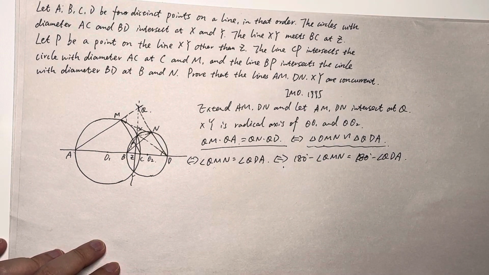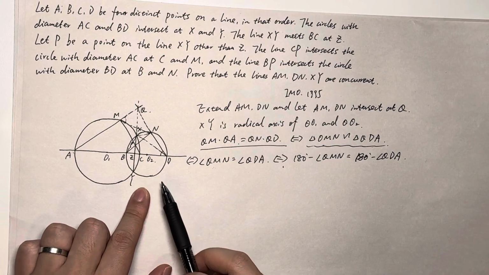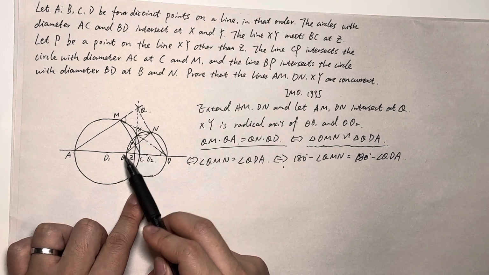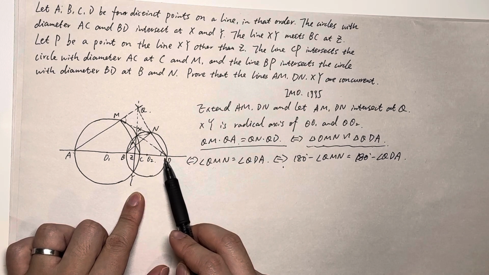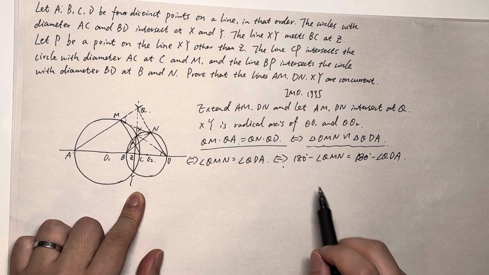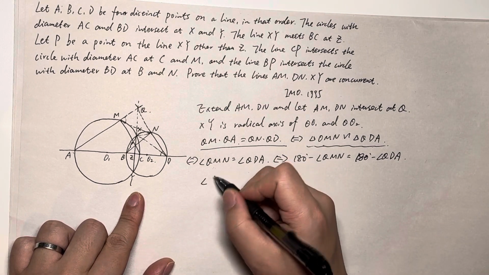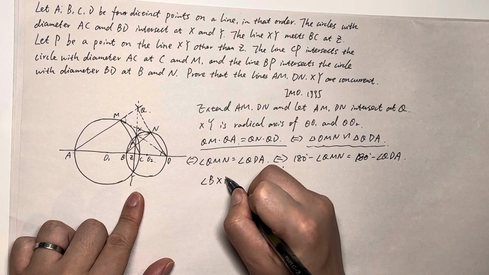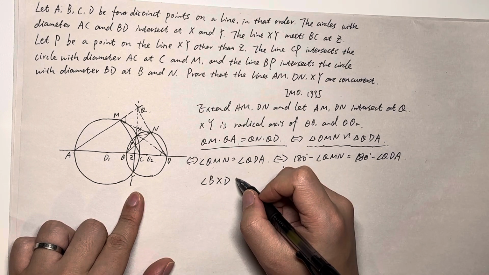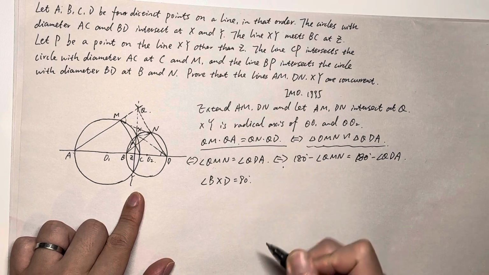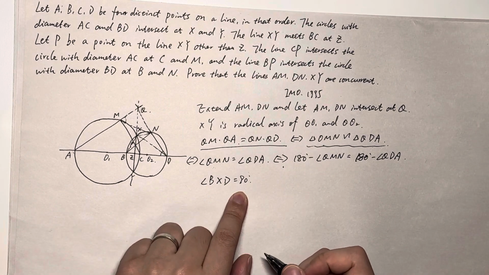I hope it's clear to you that the reason we want to connect XB, XN, and XD is that the angle BXD equals 90 degrees, right?